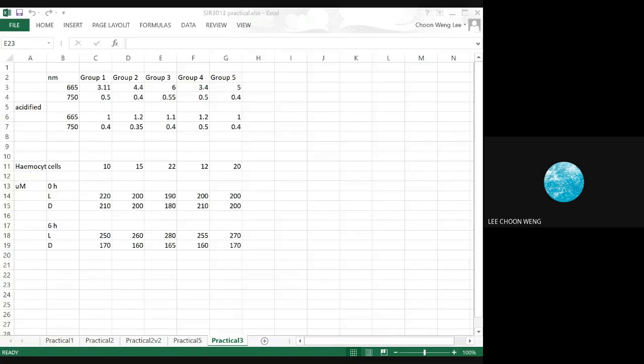If you open up your practical schedule, you'll see the formula is as follows: 26.7 times (665O minus 665A) times v over V times l.